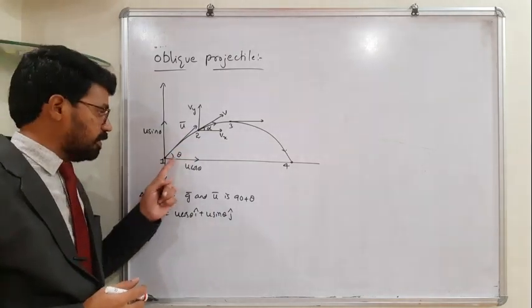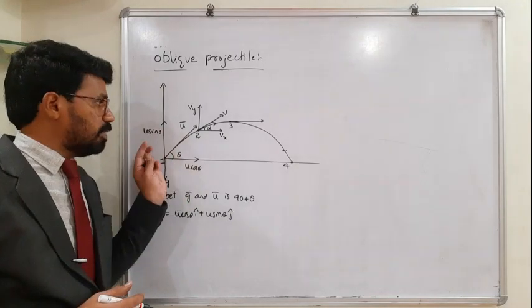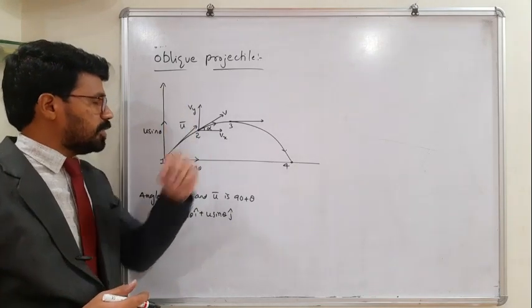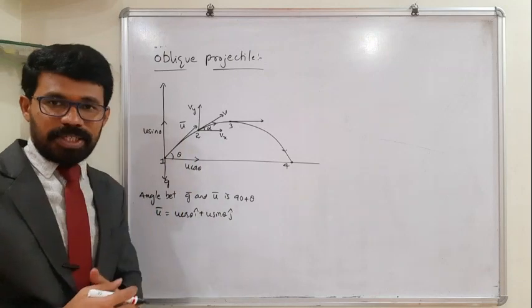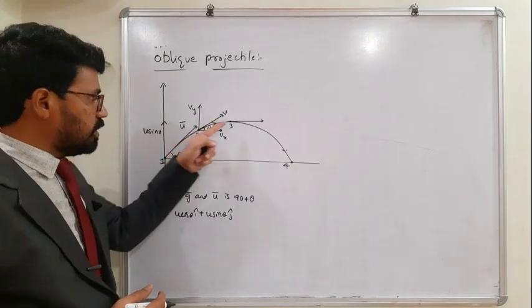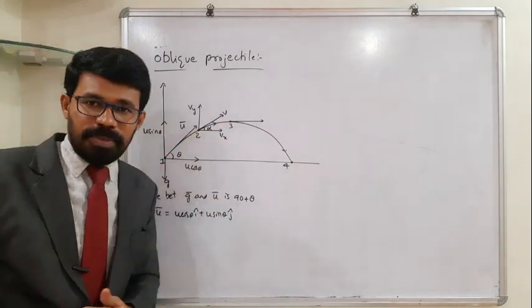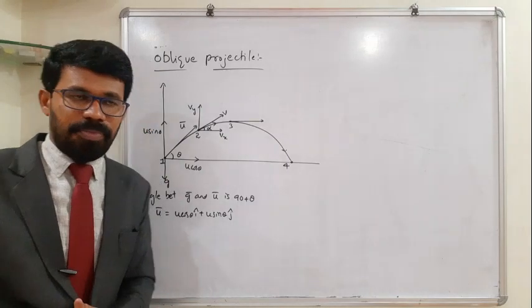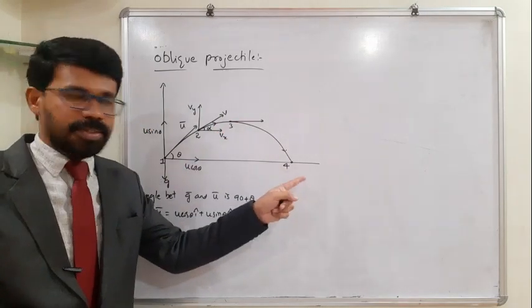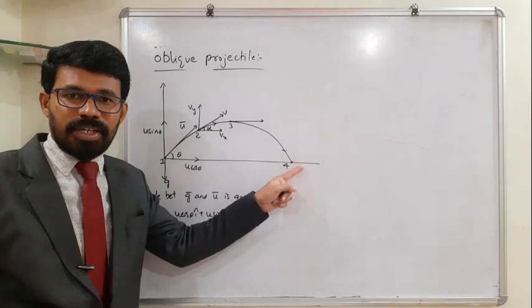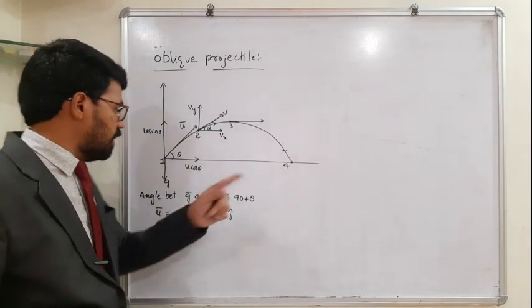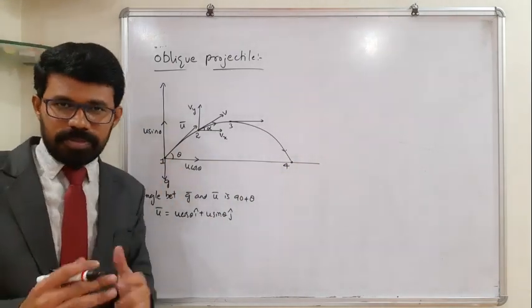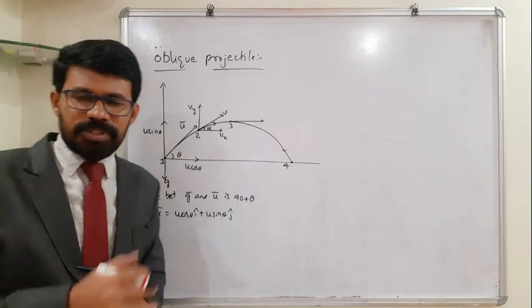At the point of projection, the angle of projection is theta, but as it is reaching the highest point of the trajectory, this angle decreases. By the time it reaches here, the angle made by the velocity with the horizontal becomes 0. And gradually it increases again, and finally whatever angle it makes with the horizontal at the point where it is striking the ground, that angle will be exactly equal to theta. This point was also stressed in the previous sessions.